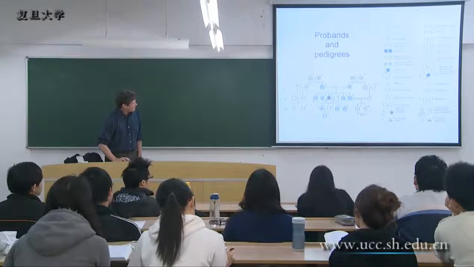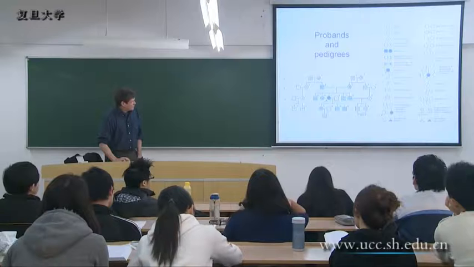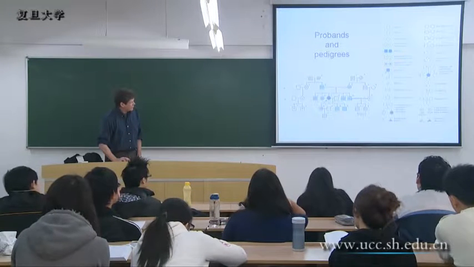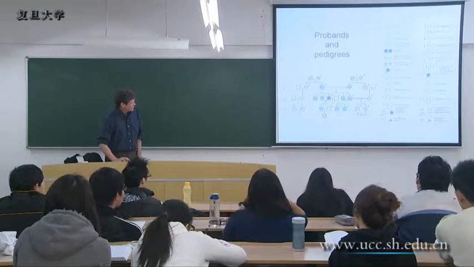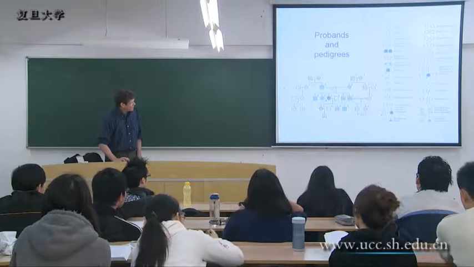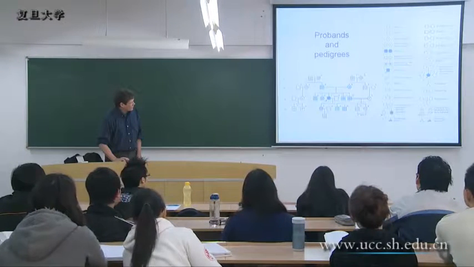And then in order to understand the genetics better, what doctors do is to make a family tree for that person. So here, these would be the brothers and sisters of this proband. This would be the father, this is the mother, and these are the grandparents on both sides.